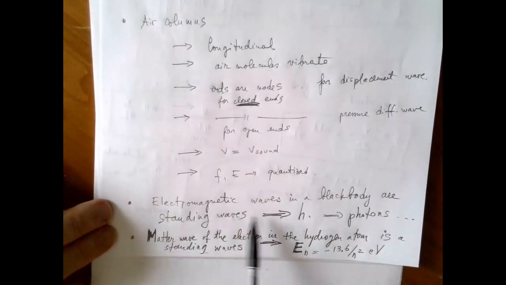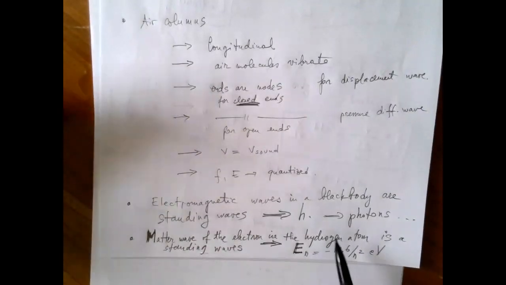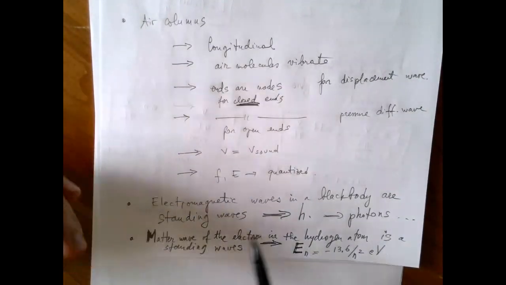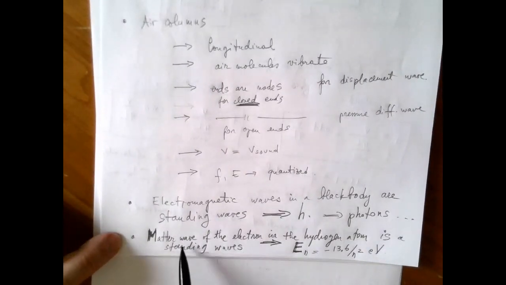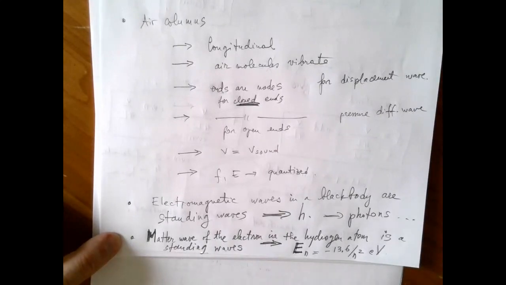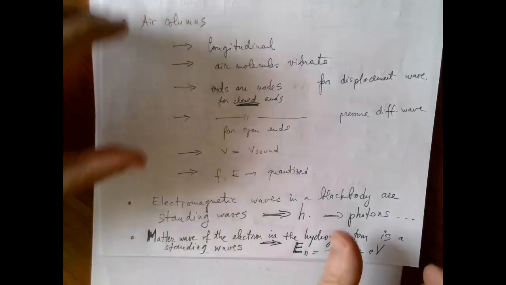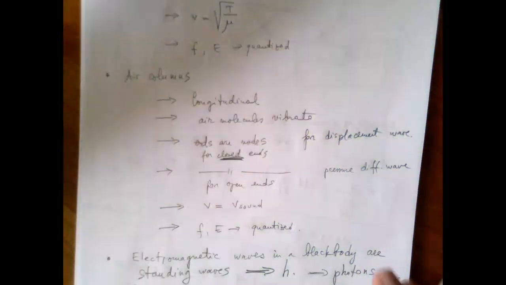So these modern physics concepts, from the beginning of quantum mechanics, the electromagnetic waves in a black body and the matter wave that we saw is associated with any particle in the hydrogen atom, are standing waves. And this is why, when people study these things in quantum physics and find these quantities are quantized, that they can have only certain values, they are quick to point out that this is not a consequence of doing quantum mechanics.